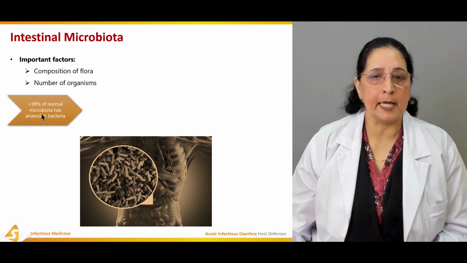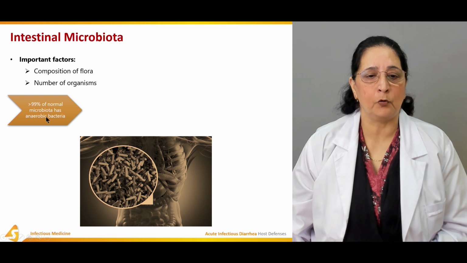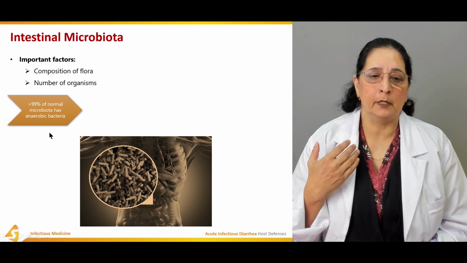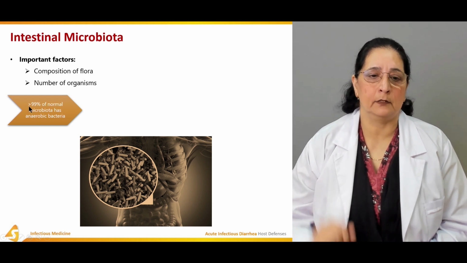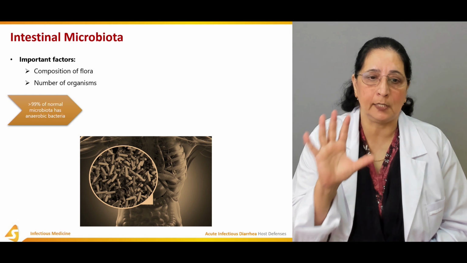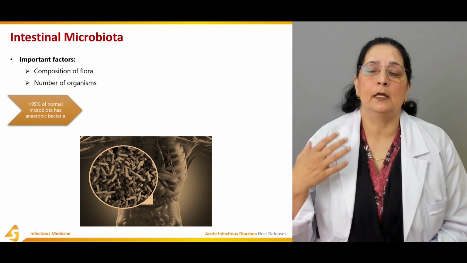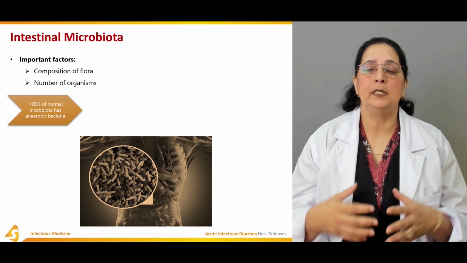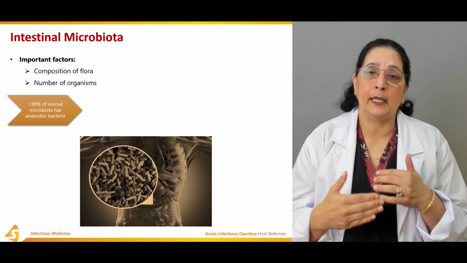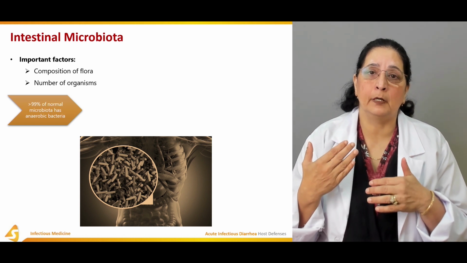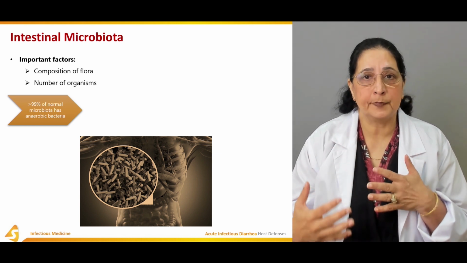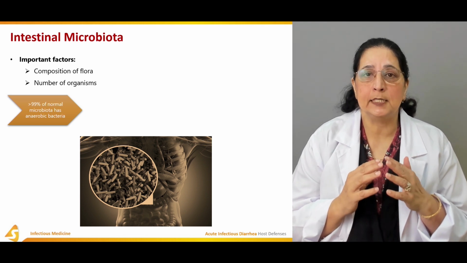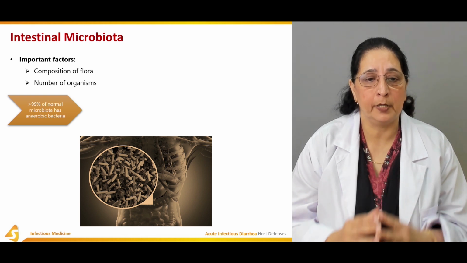More than 99% of normal microbiota is anaerobic bacteria, not less than 99%. These are bacteria that grow in the absence of oxygen, anaerobes. So more than 99% are anaerobic bacteria.